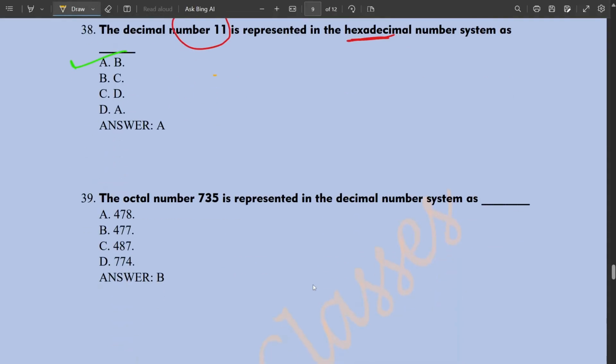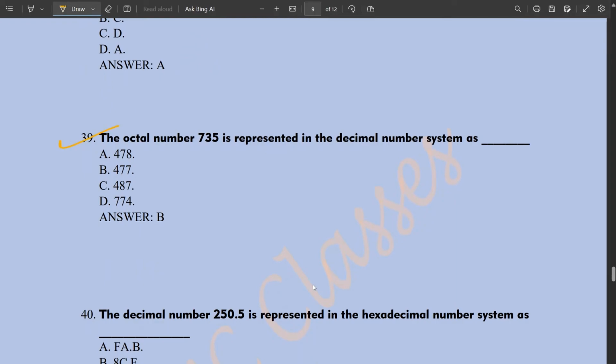Next, the octal number 735 is represented in the decimal number system as 477. Okay. If you don't know how to convert numbers decimal to binary, decimal to octal, decimal to hexadecimal, go and watch the full video related to number changing. Okay.